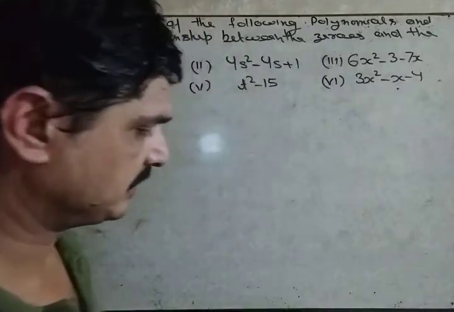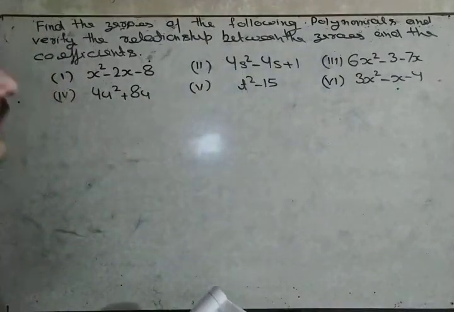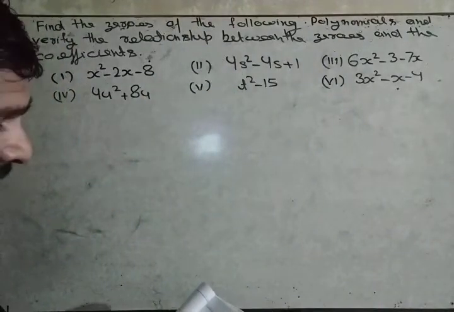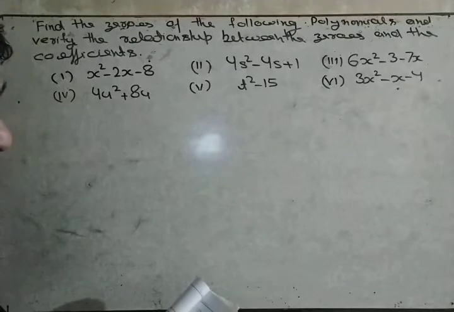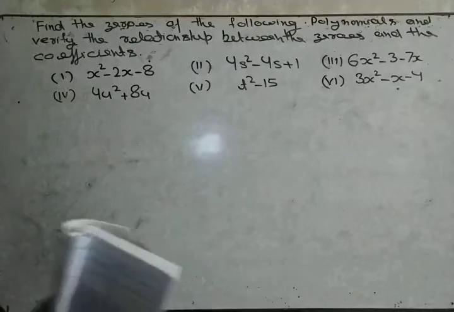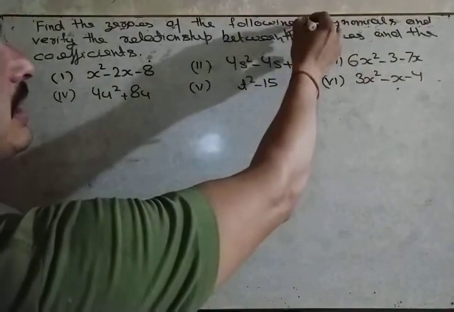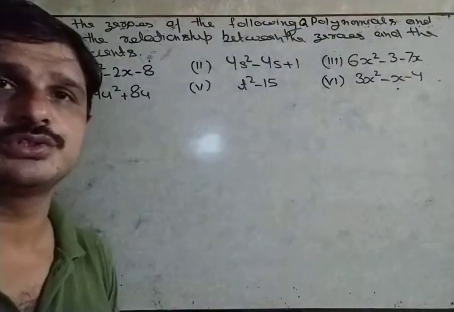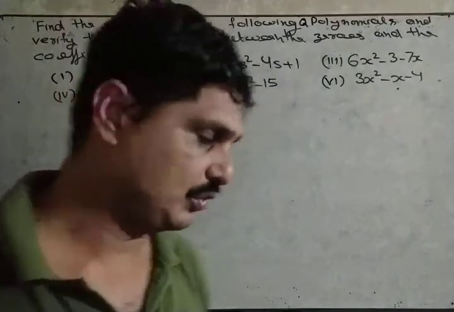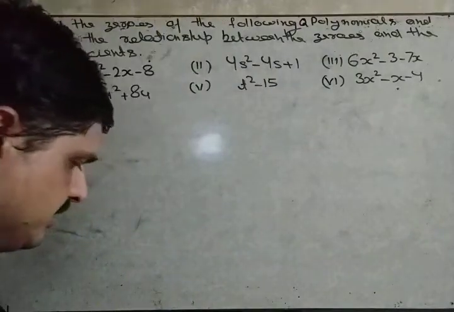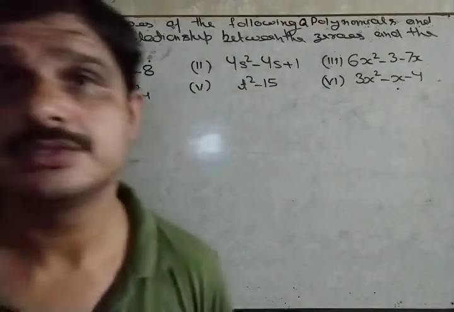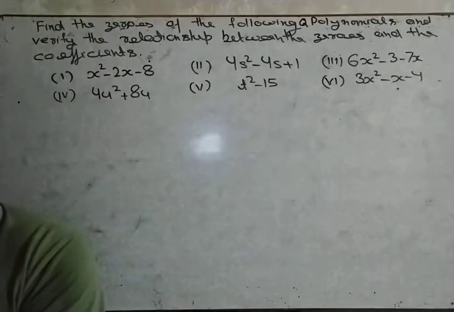This is the first question. Find the zeros of the following quadratic polynomial and verify the relationship between zeros and the coefficients. Please read the question carefully and try to solve.